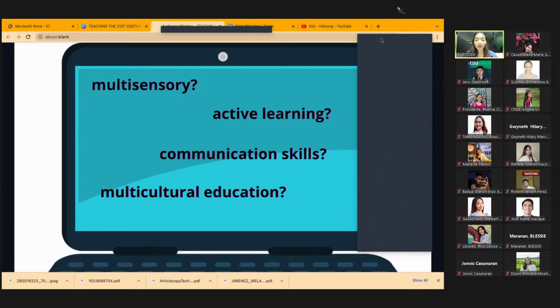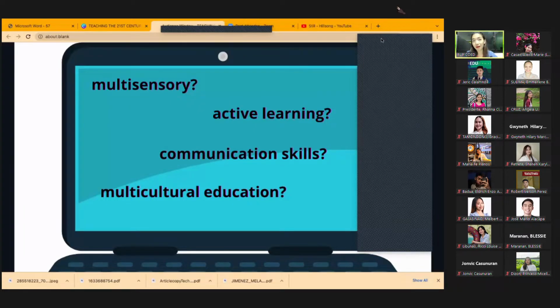And this one, since we are in the age of digital education, meron na rin tayong another aim, that is multicultural education. Last time, sa inyong children's literature, I kind of talked about multicultural education there. But basically here, we use technology for students to learn from other cultures.